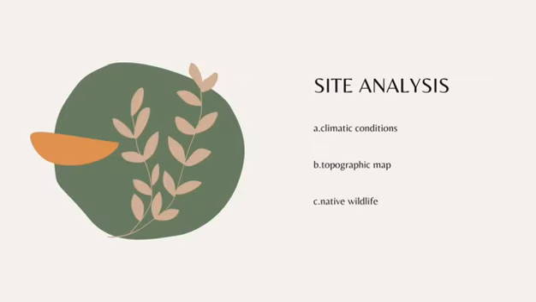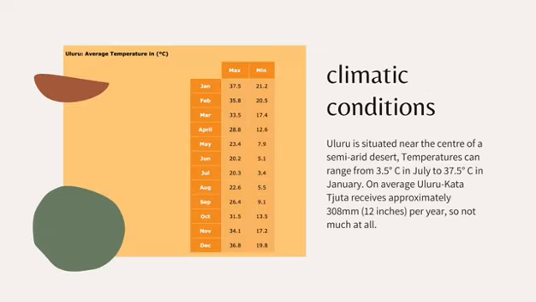Next is the site analysis section. The first is the climatic conditions in the Pitjantjatjara region, which is situated in the central region of Australia and is characterized by year-round drought and large temperature differences between day and night.